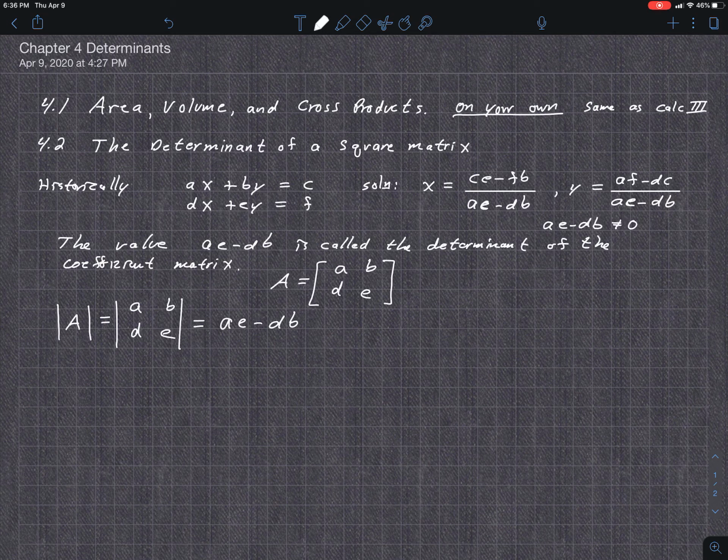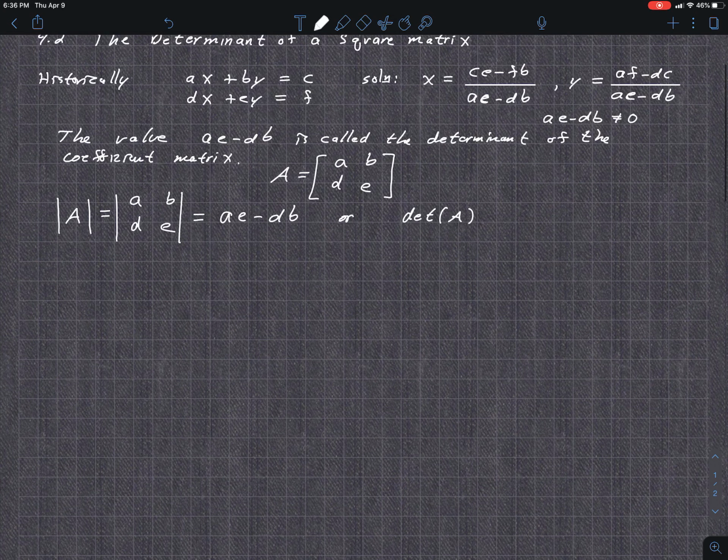So that basically was noticed, that the solutions have this pattern. That's how it was kind of built, essentially. So you can write absolute value bars around the matrix, or you can write determinant of A like that. Either way is done.